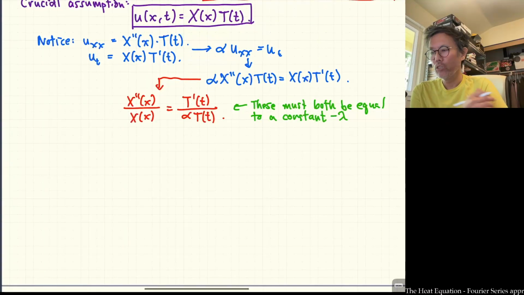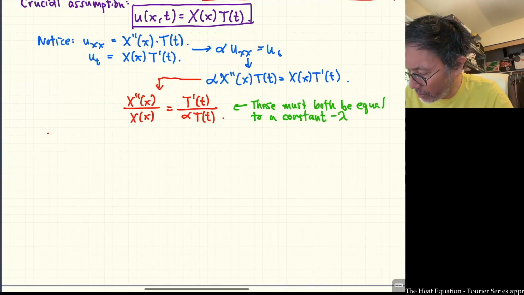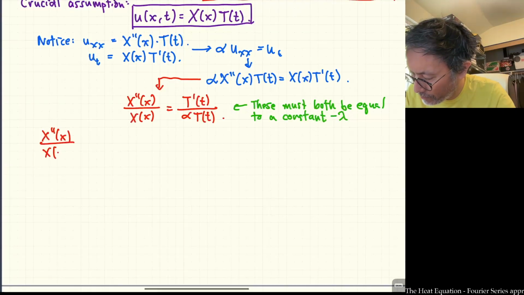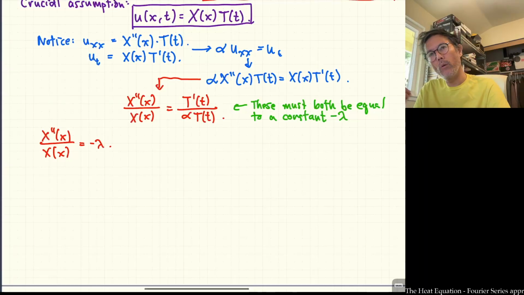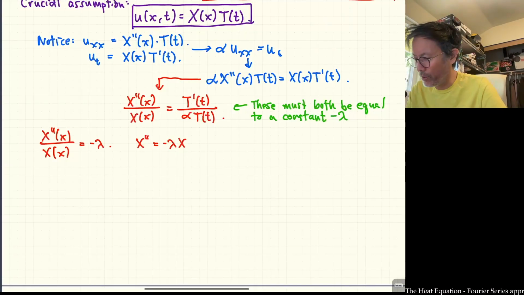Okay? So that gives rise to two equations. The first equation is that X double prime of x over X of x is equal to negative lambda. Now I'm going to multiply both sides by big X, so I get that X double prime is equal to negative lambda times X, and then I'm going to add lambda X to both sides.